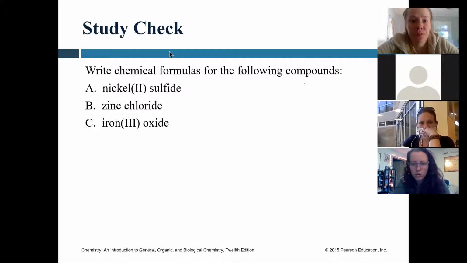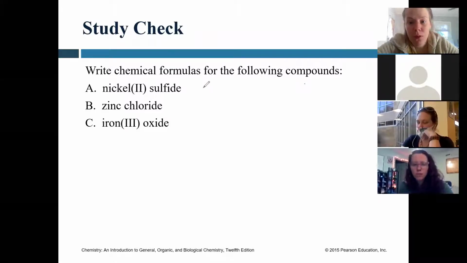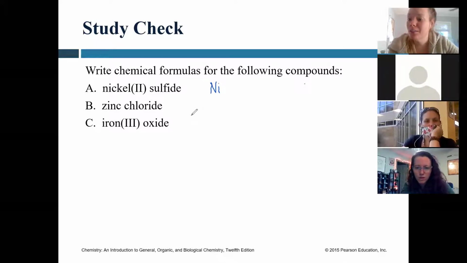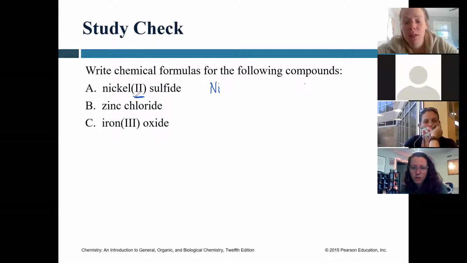Okay, so for the first one, we have nickel 2 sulfide. So I like to write my metal symbol, and then I'm going to put the charge. And if you've got nickel and you start going over to your periodic chart and going, oh no, what's the charge on nickel? How am I going to do this? Remember, that's why the writer wrote this for the reader.